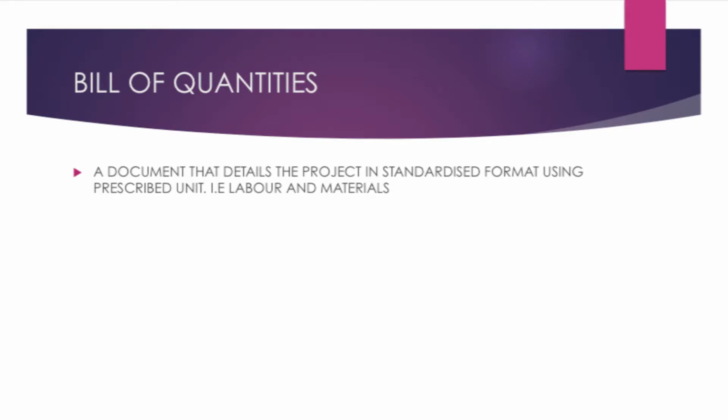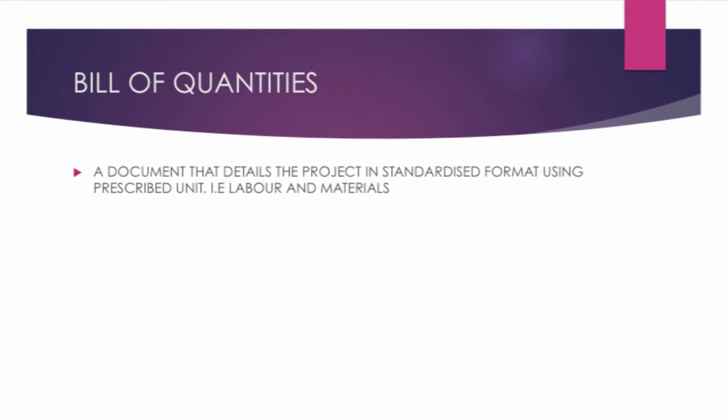And moving forward, we also have what we call a bill of quantity. A bill of quantity is a document that details the project in a standardized format using the prescribed units, i.e. we have the labor, we also have materials.